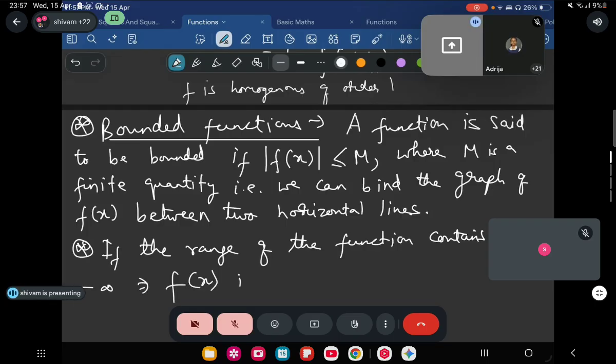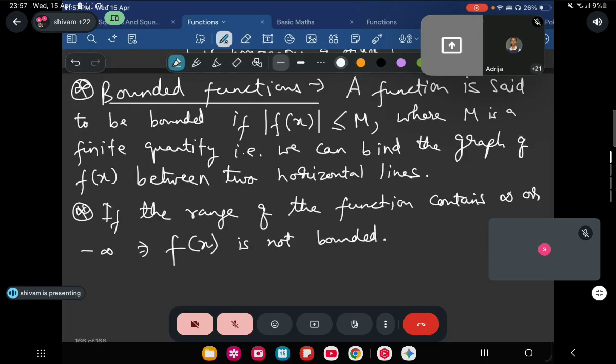This implies f of x is not bounded in this case. For example, what about tan x? Tan x is bounded or not? Tan x is not bounded.